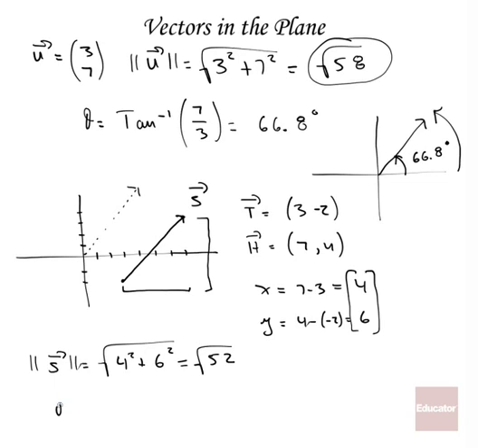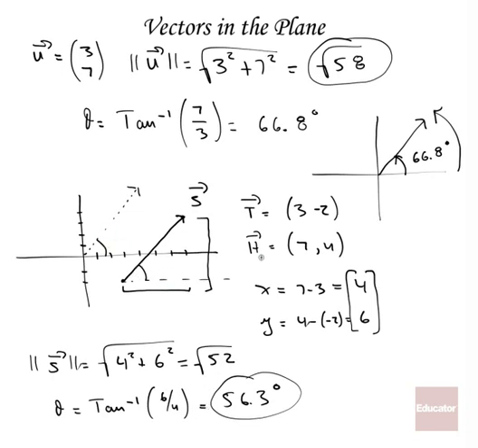And our theta is equal to the inverse tangent of y over x, 6 over 4. You don't have to reduce. 56.3 degrees. That is this angle, which is the same as this angle because they're equivalent.